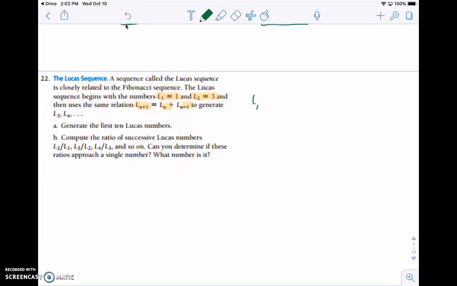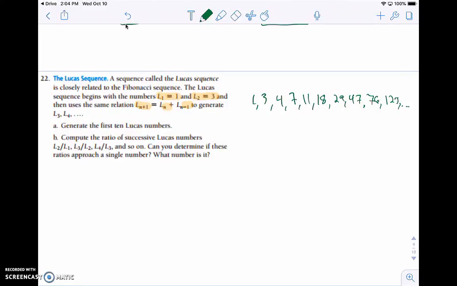So you start with 1 and 3, then 1 plus 3 is 4, 3 plus 4 is 7, 4 plus 7 is 11, then 7 plus 11 is 18, then 29, then 47, then 76, then 123, and it keeps going. There's our first 10 terms of the Lucas sequence.